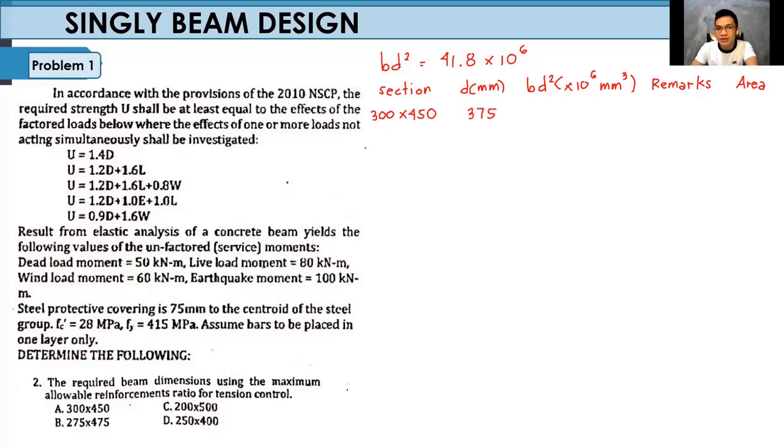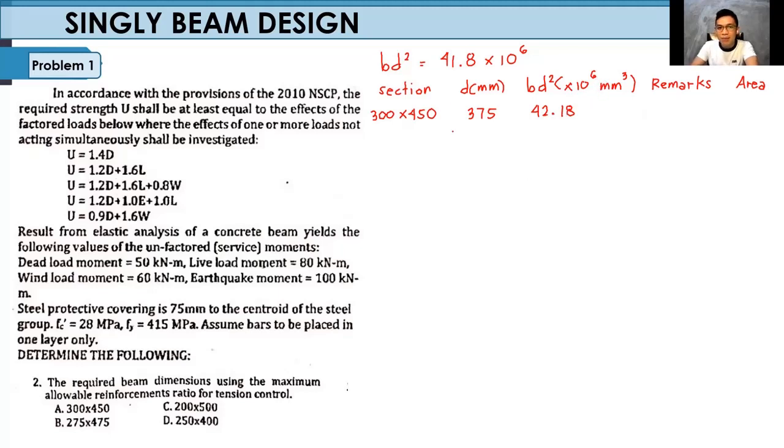BD squared natin. So, therefore, B natin is 300. Then, square mo si 450. Clear ba? 300 times 450 times 450. So, therefore, that is 42.18 times 10 to the power of 6, di ba?